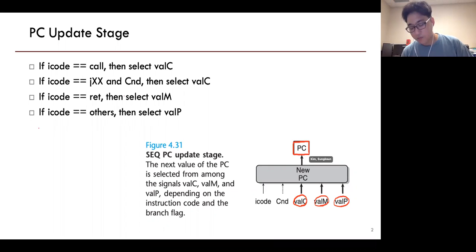It selects one of these three data inputs, and that is the next PC value. This selection is based on the control signal icode and the Cnd condition signal, which is a 1-bit signal from the execution unit.